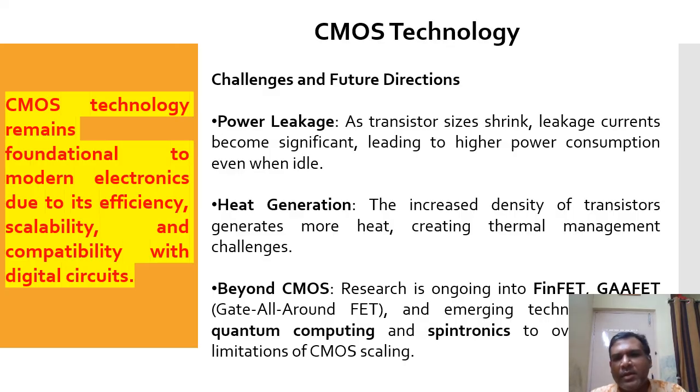So most of the industry people are now concentrating on FinFET, then gate all around FET, then carbon nanotube FET, then graphene nanoribbon FET. So all these types of materials are not bulk type. Industry people are thinking in that aspect because now Moore's law will not work.